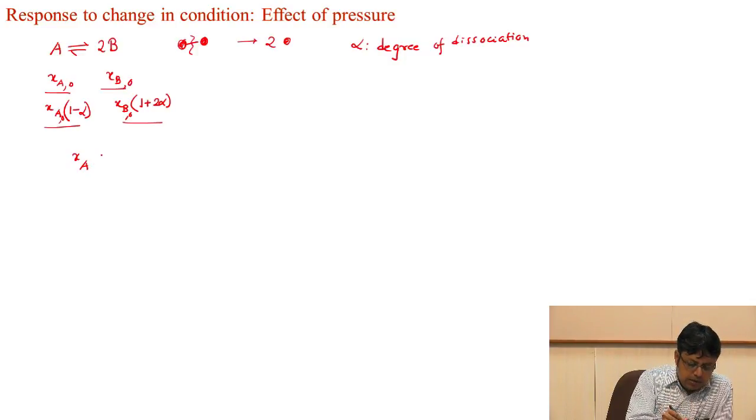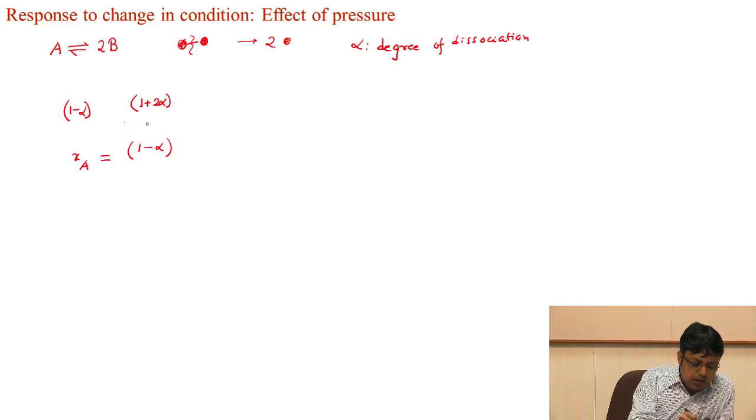So XA will be nothing but, now look at it carefully, 1 minus alpha divided by the total thing. Let us say that the total number of moles was, instead of XA0 and XB0, just X0, so it will be easier to understand.